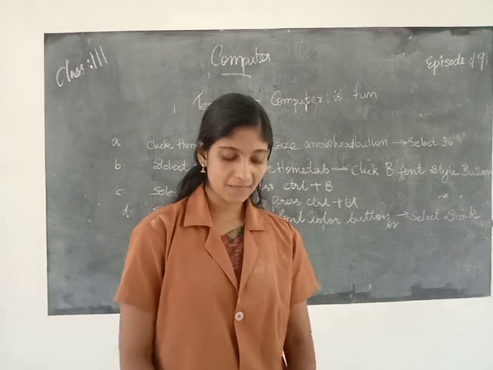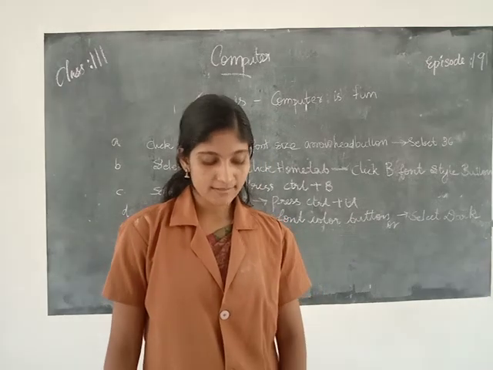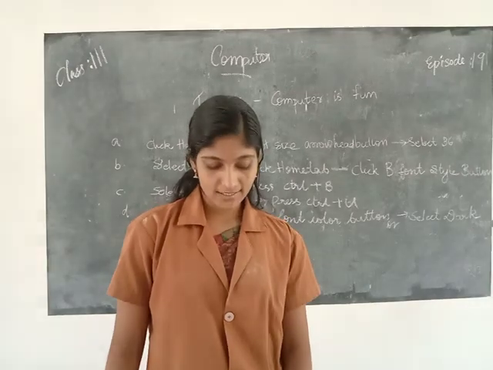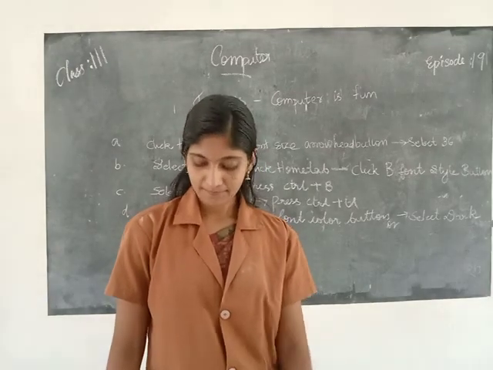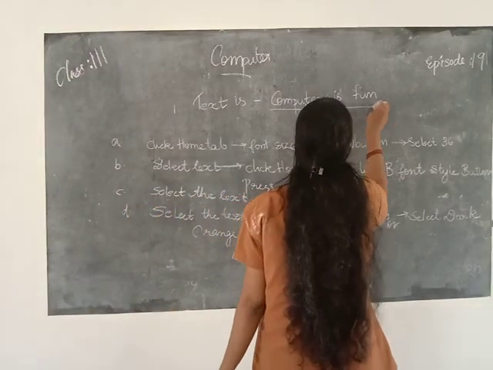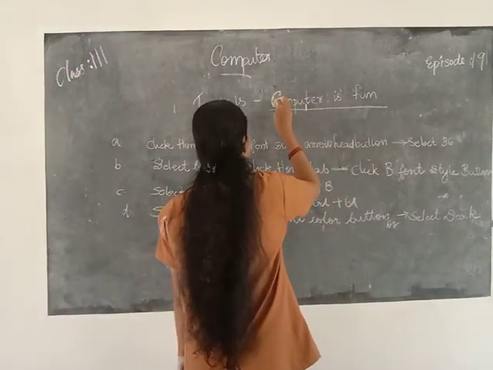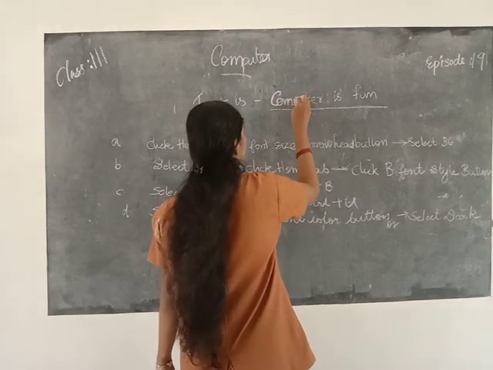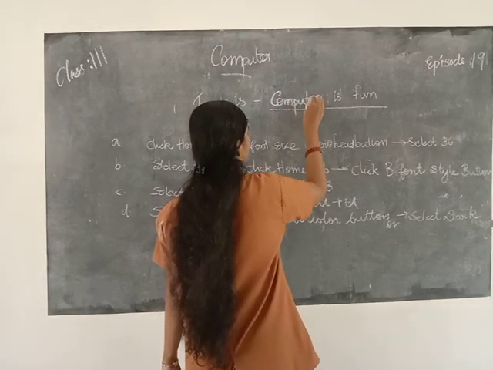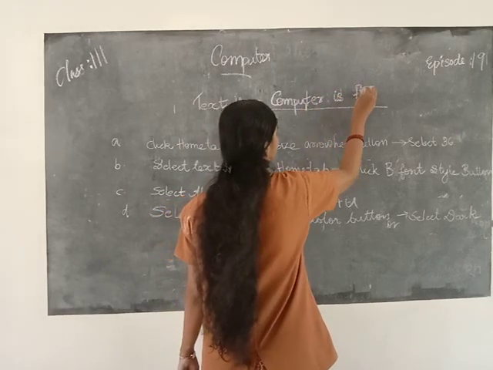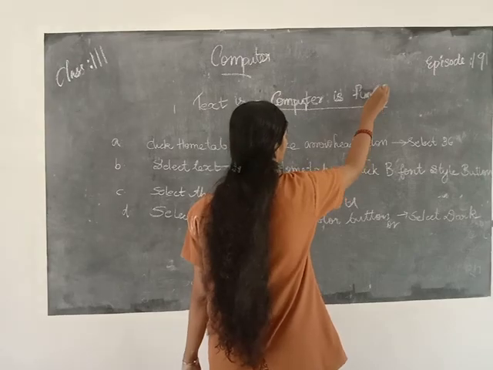Then sixth step, change the color to dark orange. Then the final text will look like this. So here is the result.